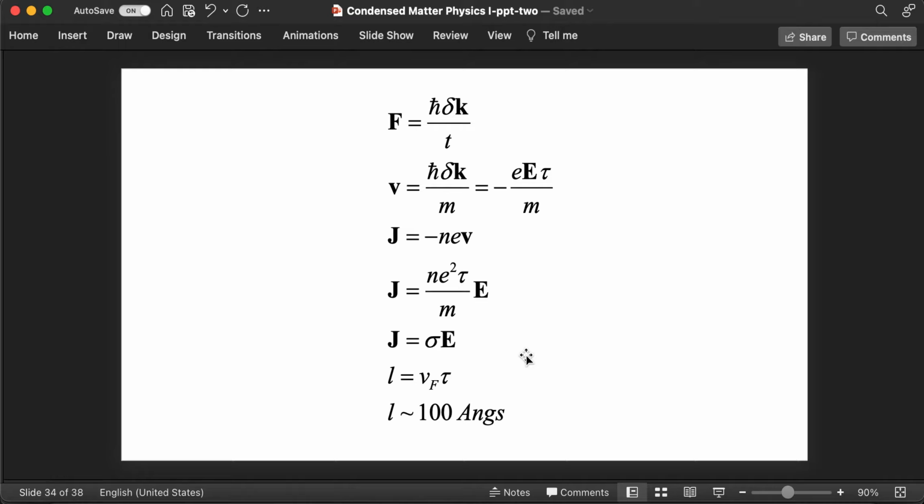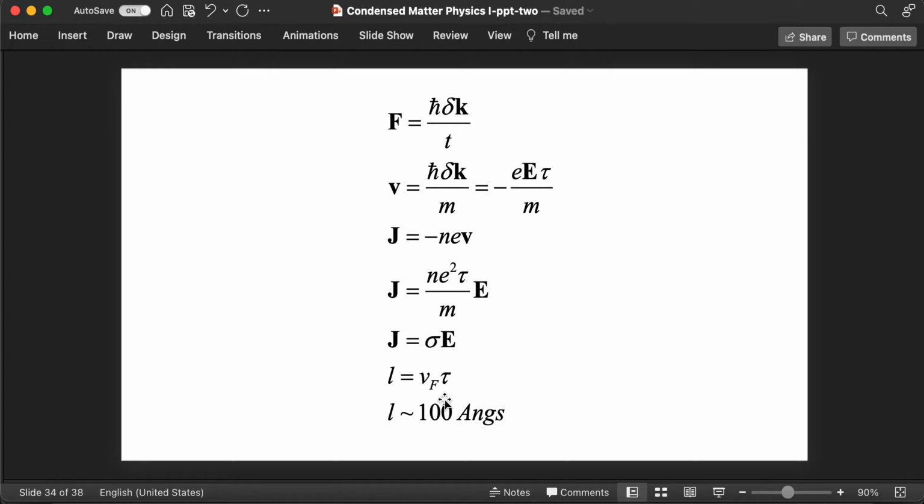So nothing changes with respect to the DC electrical conductivity, and you get back Ohm's law. The only difference is that when you calculate the mean free path as the velocity times the relaxation time, instead of the classical velocity you now put in the Fermi velocity, because the conduction occurs because of electrons at the Fermi surface. So you have Vf times tau, and this comes to about 100 angstroms, whereas in the classical case you got about 1 to 10 angstroms.